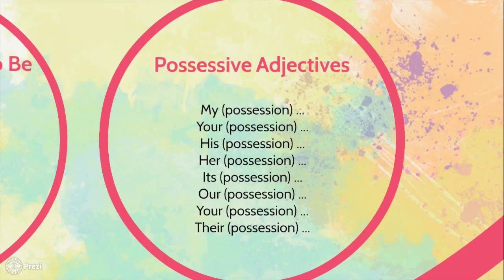In English is my name, your name, mi nombre, su nombre, his t-shirt, su polo, her skirt, su falda, her food, su comida, our teacher, nuestra profesora, your bedroom, su cuarto, their favorite sport, su deporte favorito.